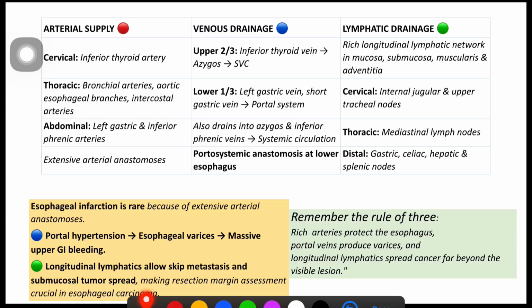Because of this longitudinal lymphatic, there is skip metastasis and submucosal tumor spread, making resection margin assessment crucial in esophageal carcinoma. So you have to remember the rule of 3 here. Rich arteries protect the esophagus, portal veins produce varices, and longitudinal lymphatics spread cancer far beyond the visible lesion.